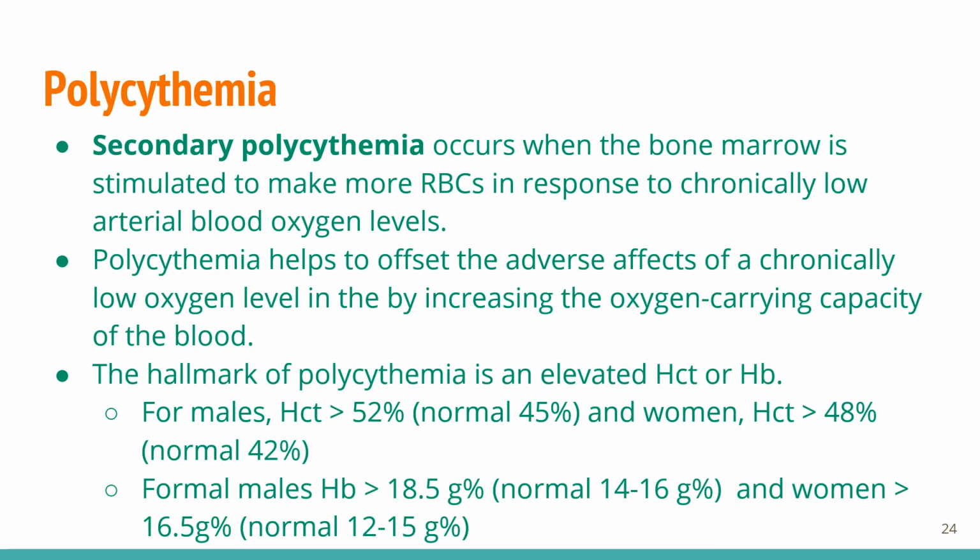polycythemia. The one that we're probably a little bit more concerned with and that we deal with more is secondary polycythemia. And that was the one I was referring to when I was talking about being chronically low in your oxygen levels. So it helps offset the chronic low oxygen level.